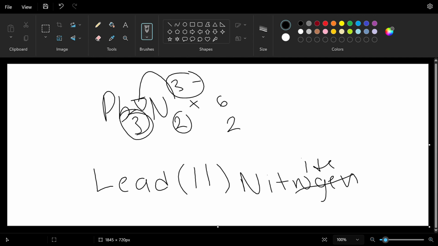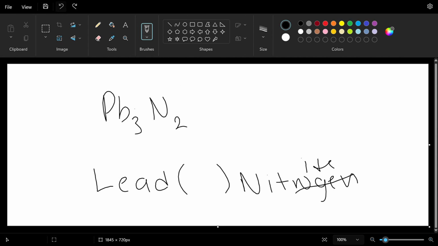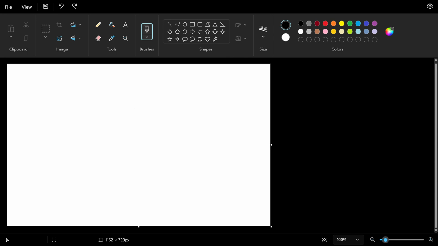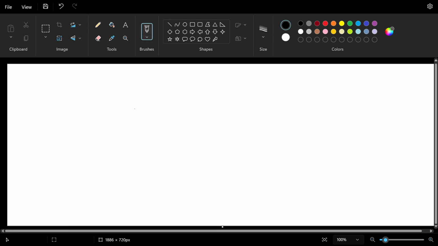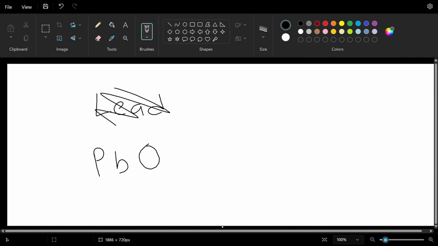To do another example, let's do PbO2. Again, to write our elements, it would just be lead, parentheses, oxide.